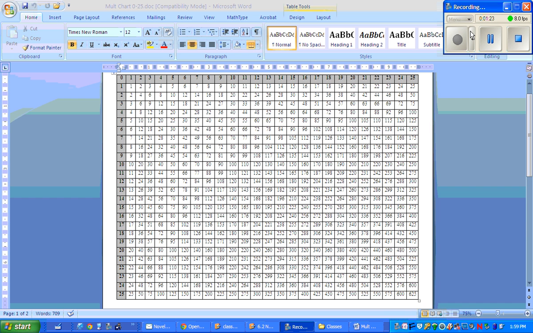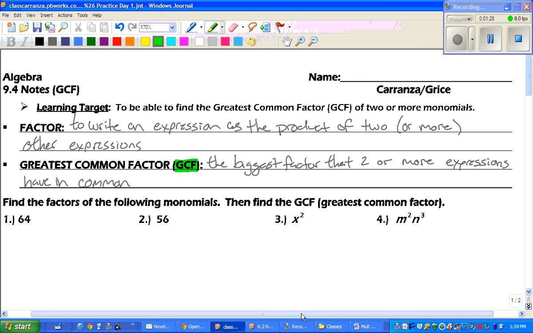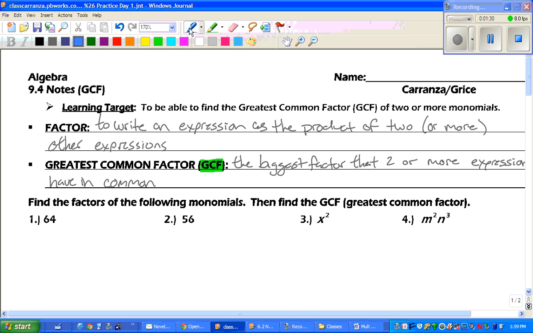So I'm looking for the factors of 64. The way we're going to write this is we take a line and draw it straight down. What numbers multiply to 64? They're always 1 and the number, so 1 and 64. And we're going to try to go in order.